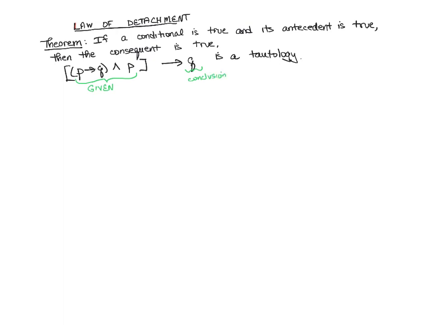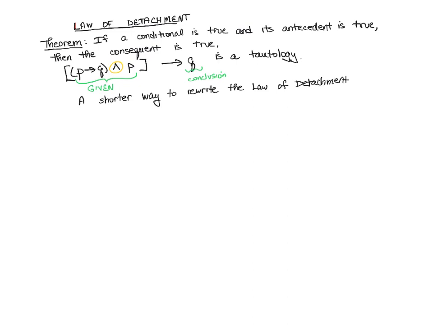And when the antecedent is composed of a conjunction, we don't write the word and all the time. This is another way to write the law of detachment, a shorter way, which we will prefer from now on.